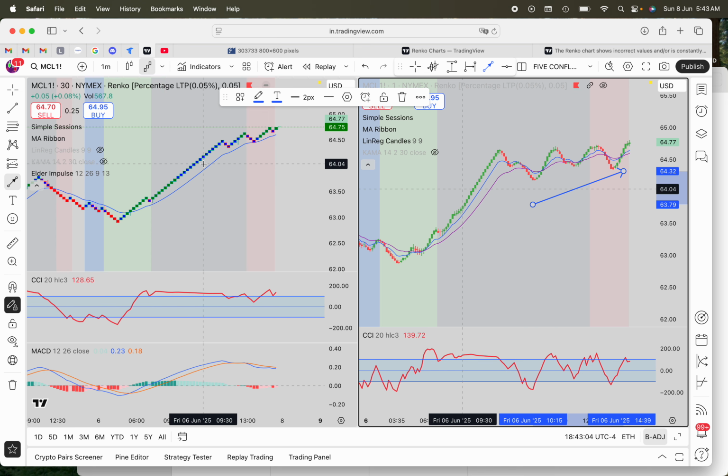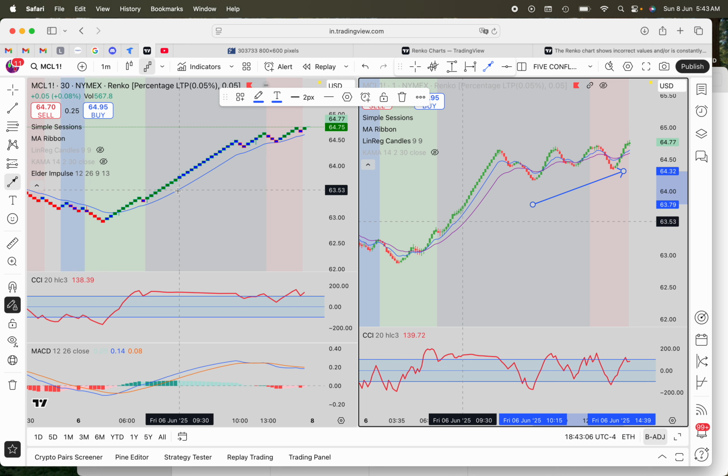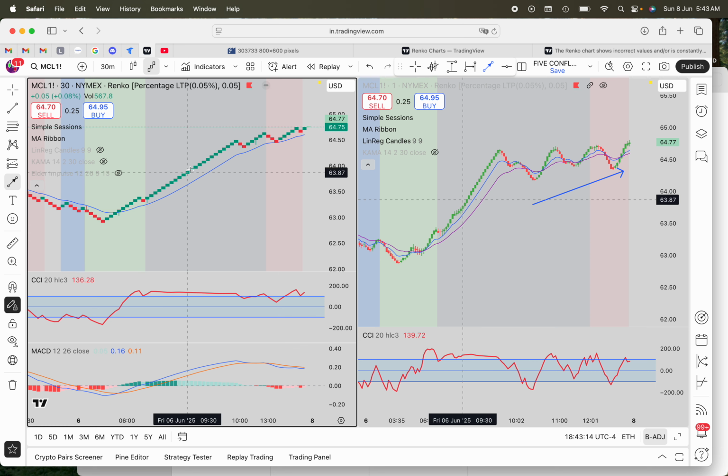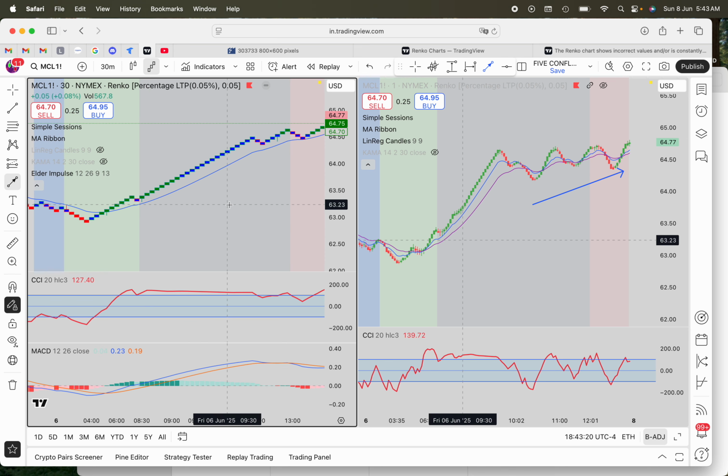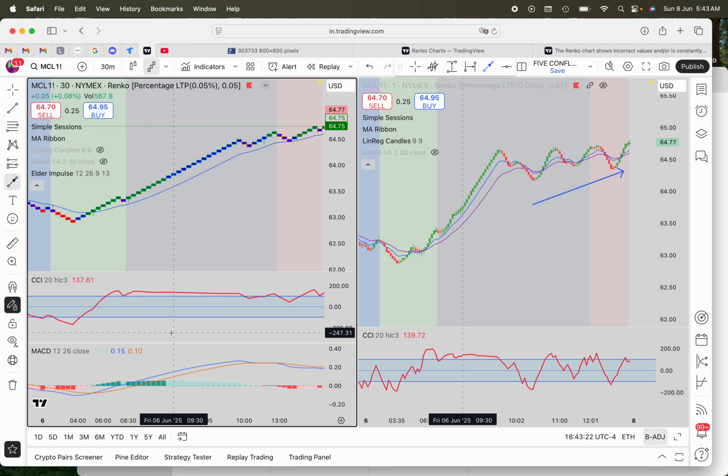Although, excuse me, have a look at the Elder Impulse. It's gone green, and then halfway through, it changed. So it was green here, but the Elder Impulse said, okay, there's something wrong, and it's the MACD. It's just the MACD saying the distance between the blue and the orange line's getting shorter.